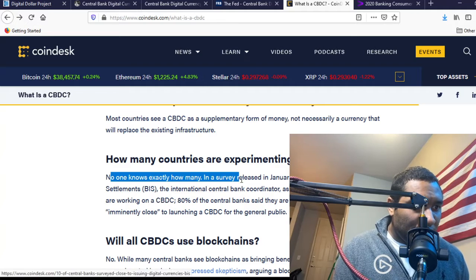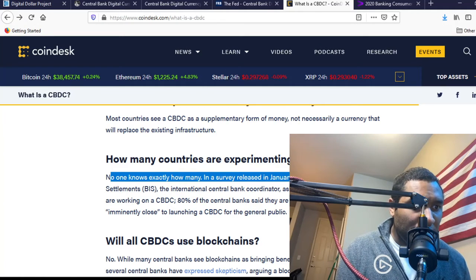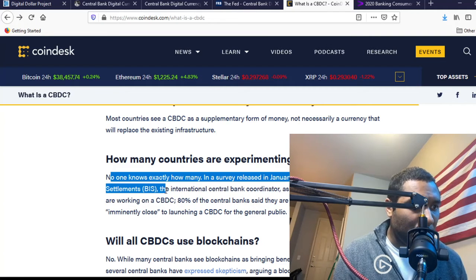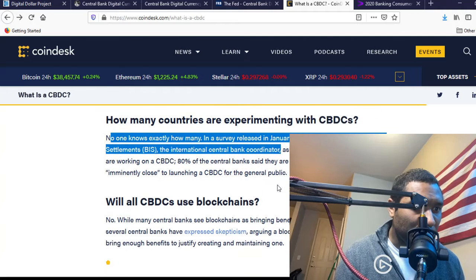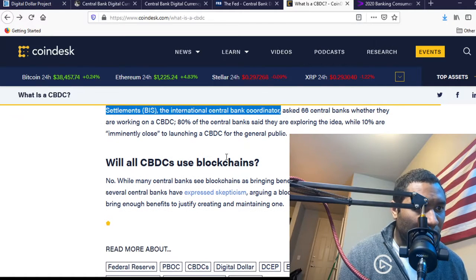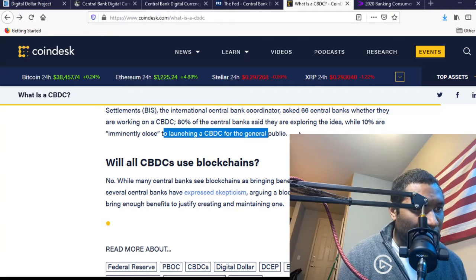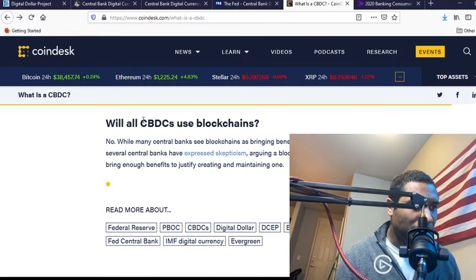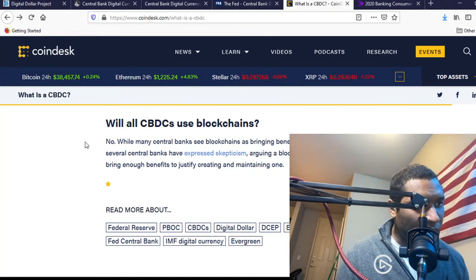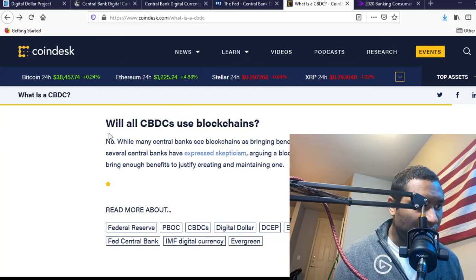No one knows exactly. A survey released in January 2020 by the Bank for International Settlements, BIS, the international central bank coordinator, asked 66 central banks whether they are working on a CBDC. 80% of the central banks said they are exploring the idea, while 10% are imminently close to launching a CBDC for the general public. Will all CBDCs use blockchain?